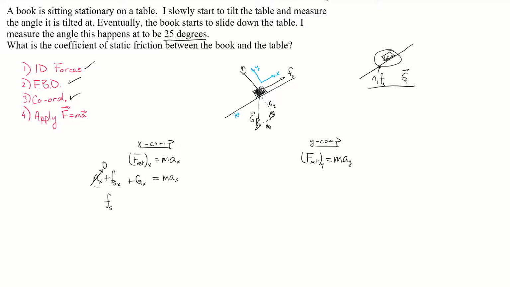Turns out this angle theta is the same angle that it was tilted up at, and you can sort of see that. If you think about when it's flat, if we have that flat surface, that y direction and x direction are like this, and sorry, that's a y. And as this table gets tilted up at some theta here, this y direction is going to tilt that way and go that way.